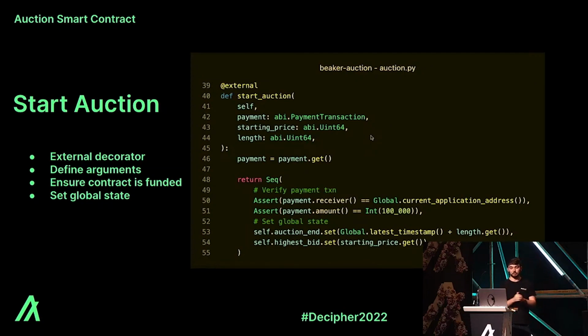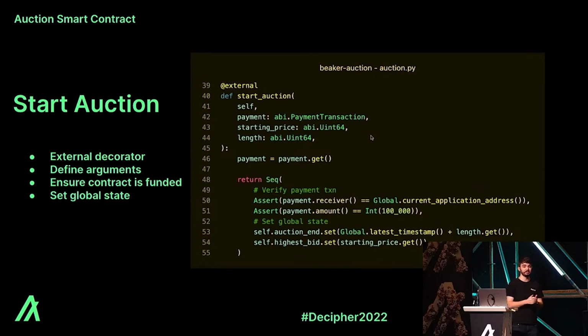So now in our actual logic, the first thing we're doing is verifying our payment transaction. As part of the start auction call, we need to send a payment to the contract so that it is able to spend on Algorand.